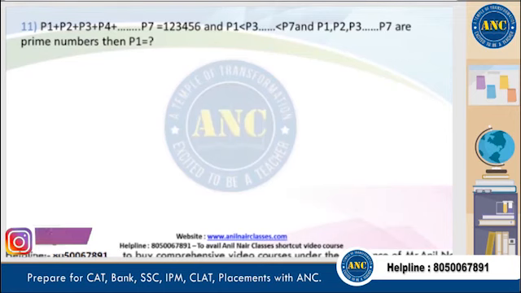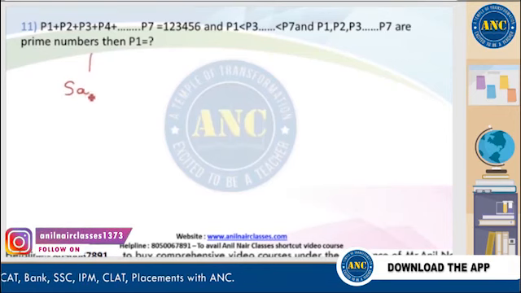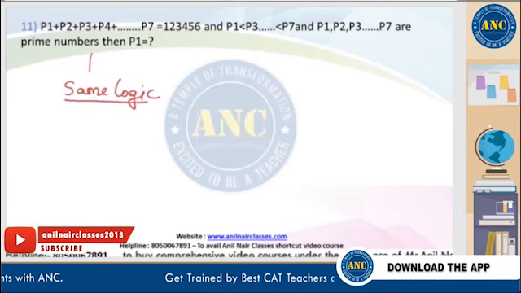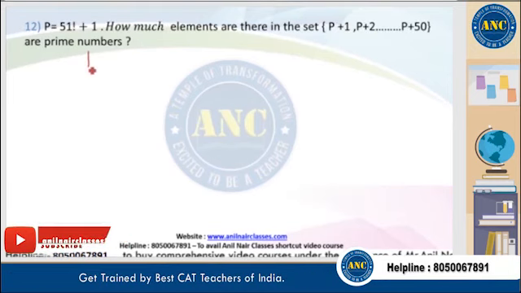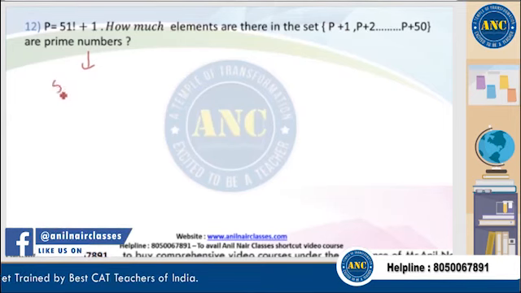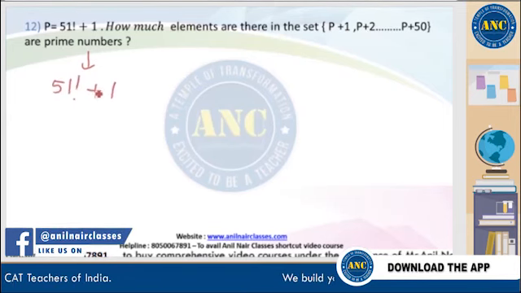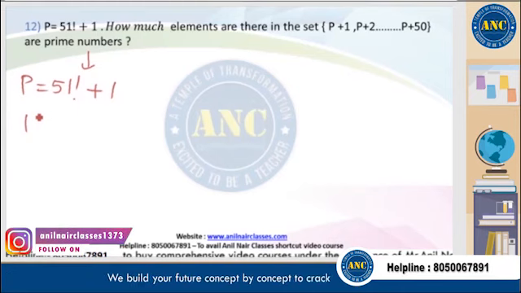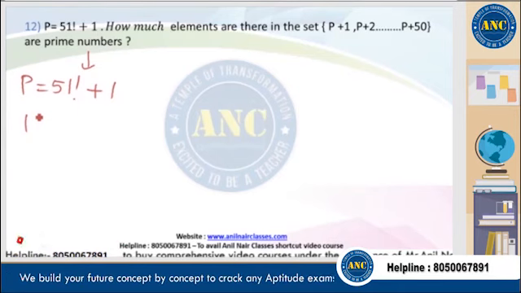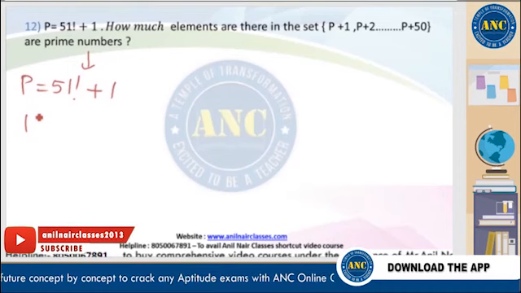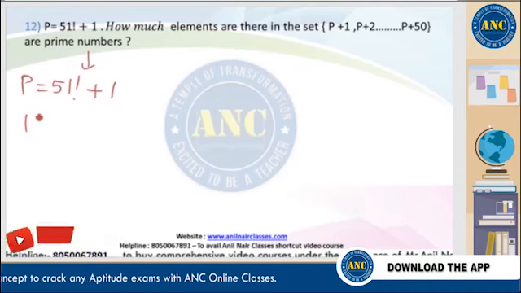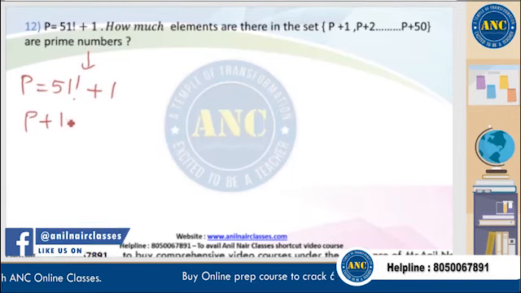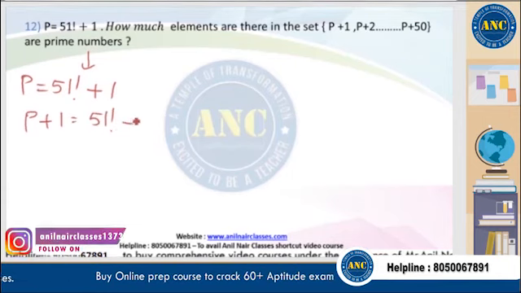Next one, same logic. We discussed. Next, this also we discussed yesterday, where 51 factorial plus 1 is the original number. If I do p plus 1, this will become 51 factorial plus 2.